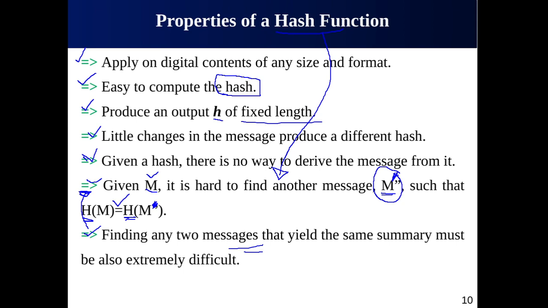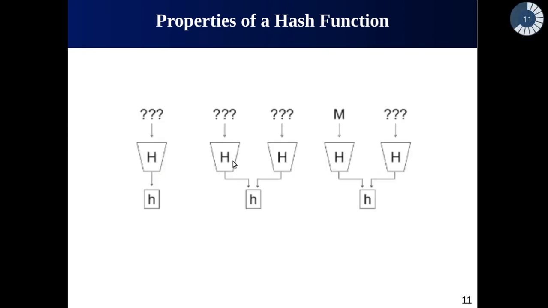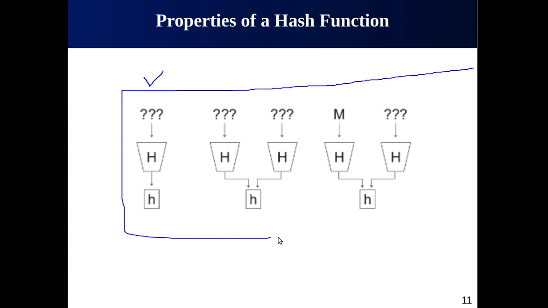Now let us see the difference between these. This figure, I'm sure, will make things clear. I didn't mention which one is the strong one and which one is the weak one, and we also have the third one, and this property is actually known as pre-image resistance. So you have to work on this figure.